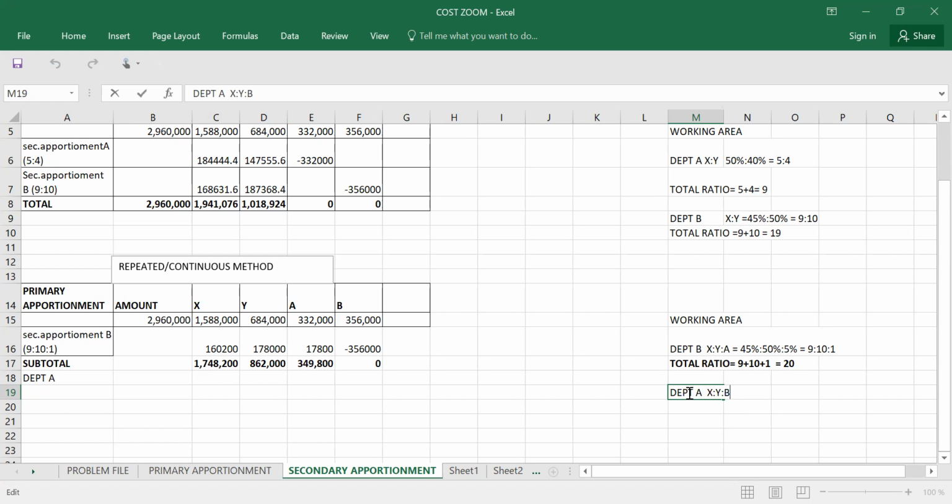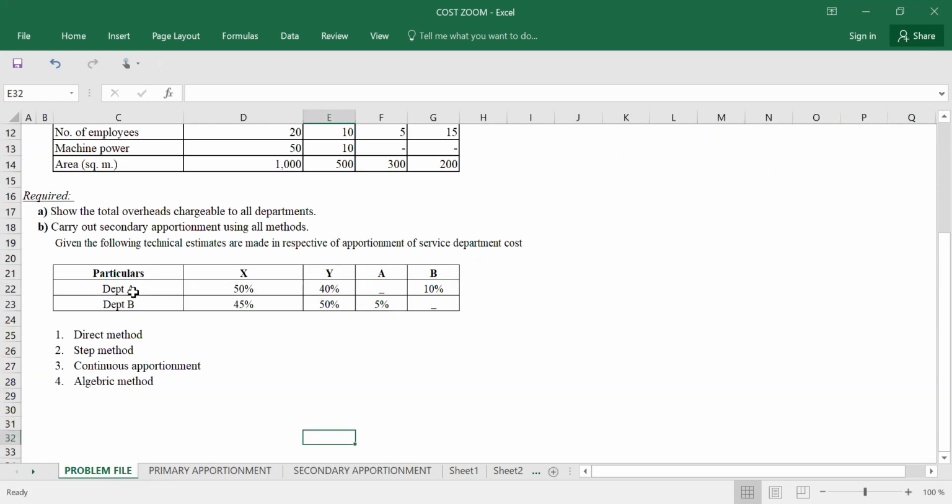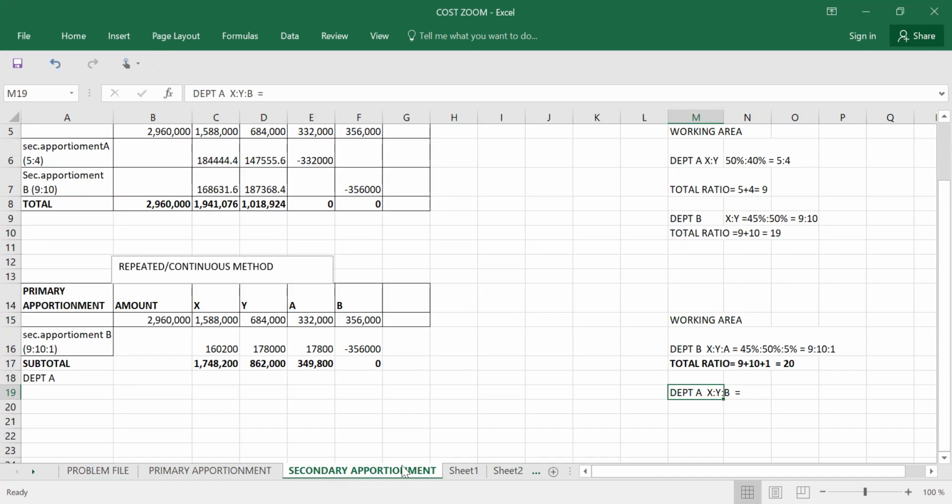So when it is distributing X, Y, and B, this will equal, now it's in the ratio of what? We are saying A is distributing to X, Y, and B in the ratio of 50, 40, 10.